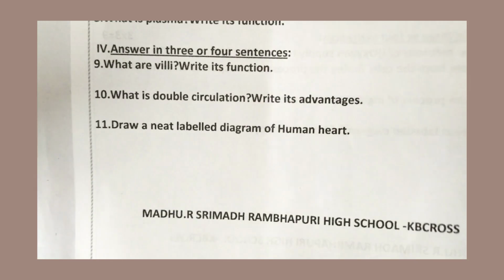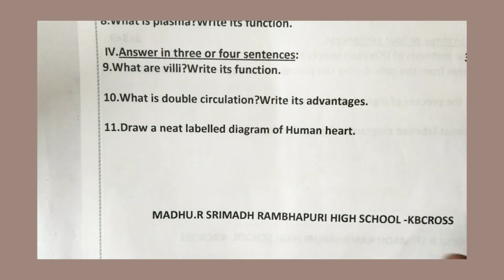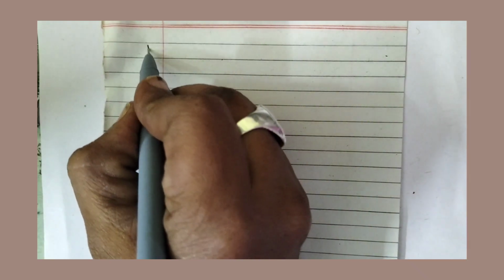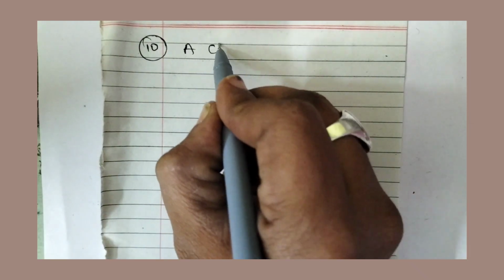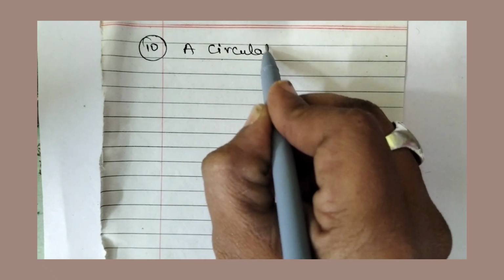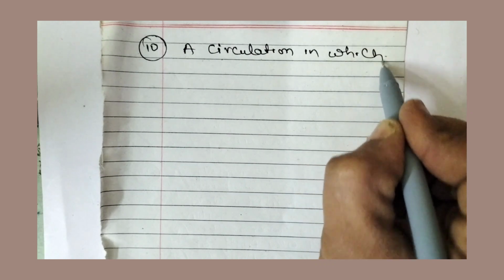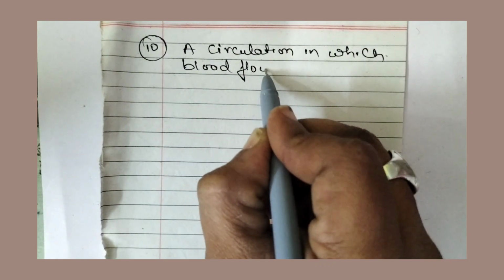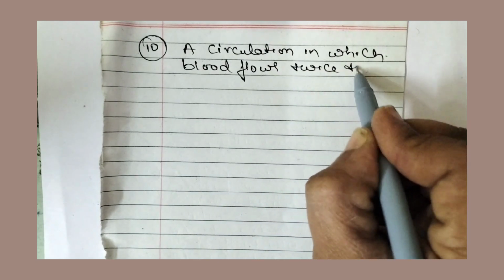Now let us move to the 10th one. What is double circulation? Write its advantages. This is the 10th question. What is double circulation? A circulation in which blood flows twice through the heart.